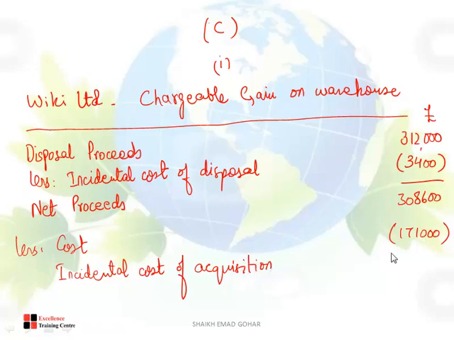Less 2200. So how much is remaining? This is called unindexed gain. Remember? Unindexed gain: 135,400. This is unindexed gain. What's next?